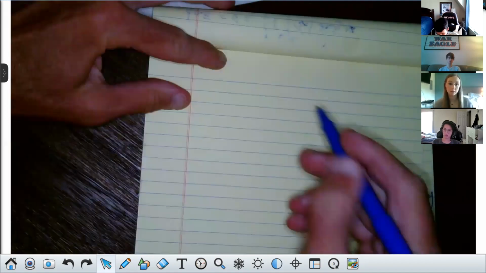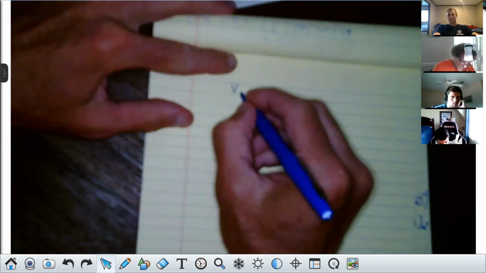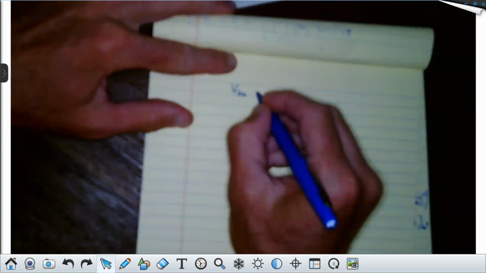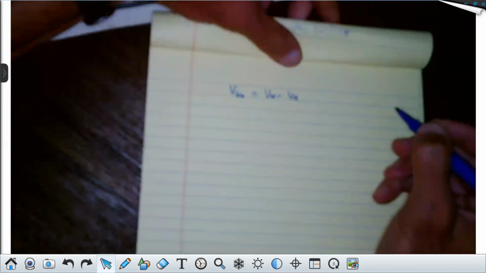So now we take a look at the definition of voltage, and it's a voltage from B to A is actually VB minus VA. This is voltage.